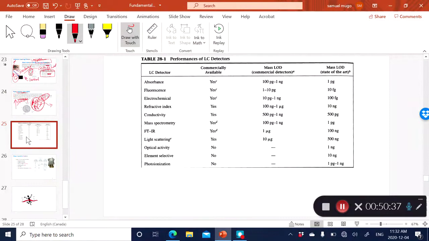So there are many detectors out there, and I've shown this slide before. You can see, I can have an absorbance type of system for detection, right? I can have a fluorescence system for detection.